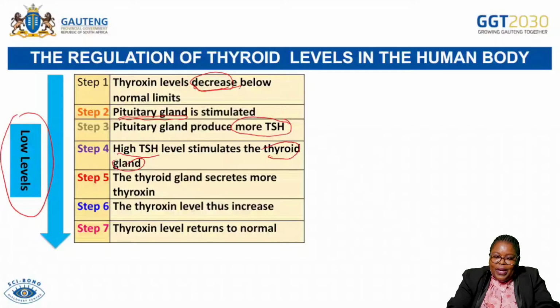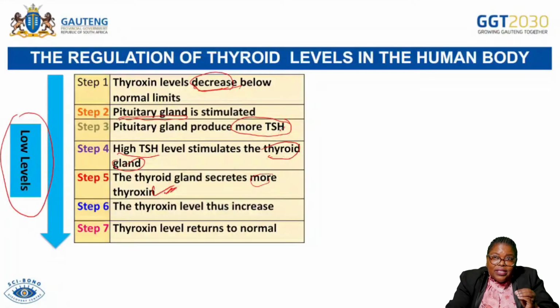Then what is going to happen? The thyroid gland will then secrete more thyroxine. Remember when we started, the thyroxine levels were low. So if they decrease or are low, the pituitary gland is going to be stimulated to secrete more TSH, right? Then the more TSH we have, the thyroid gland is going to be stimulated to secrete more thyroxine.